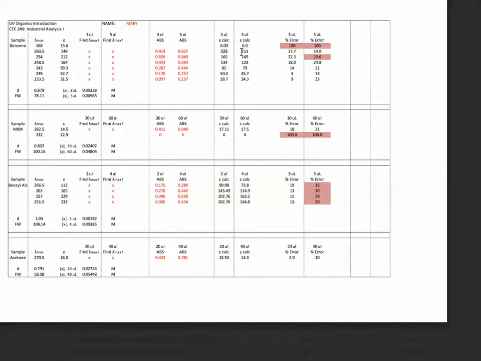Then I do the same thing for the 5 microliter column. But instead of 0.00338, I'll use 0.00563, because that's the molarity for the 5 microliter. Instead of 0.414, I'm going to use 0.637, because that's the absorbance for the 5 microliter.